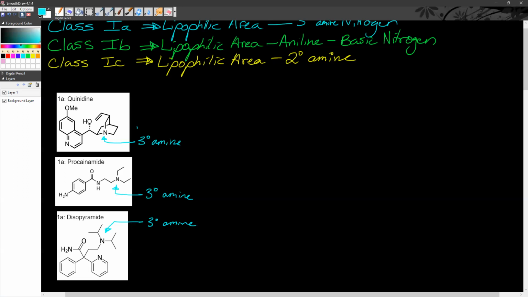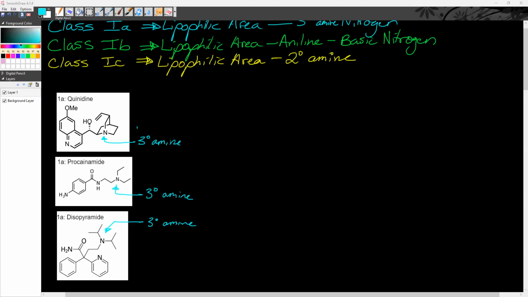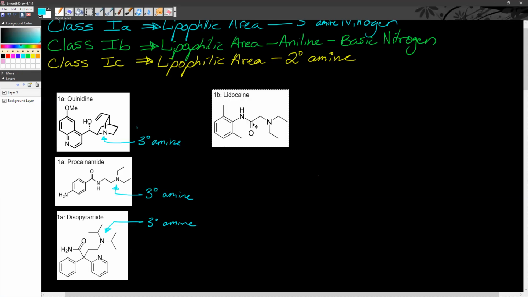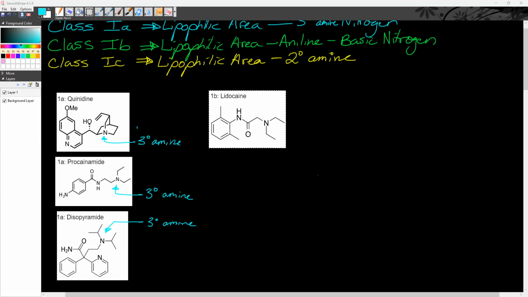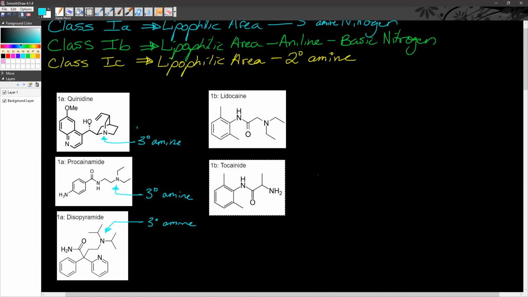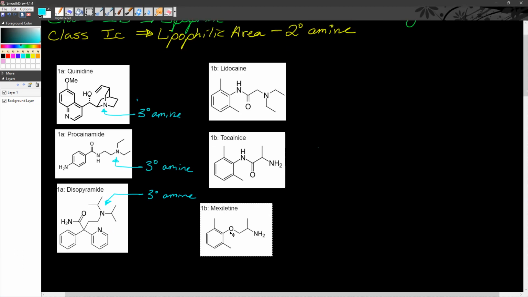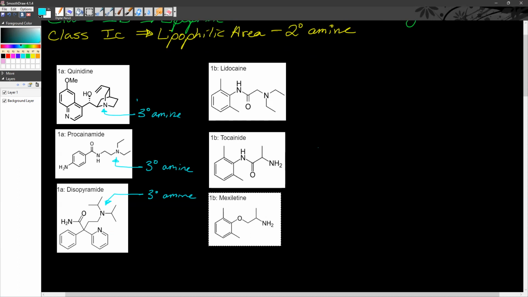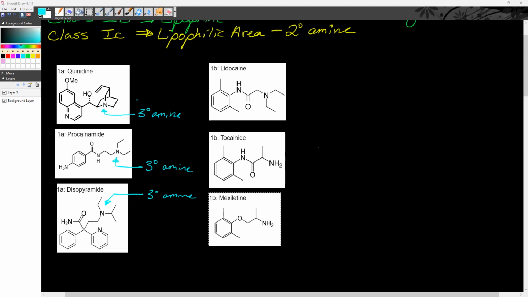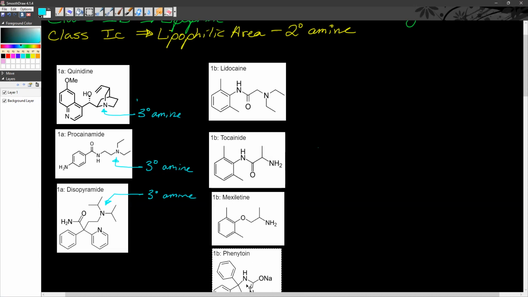Compare this with class 1B, and the difference here is that we use the aniline molecule to build up our lipophilic area. And we'll throw phenytoin in here. Phenytoin's a special case. We'll talk about it in a second.